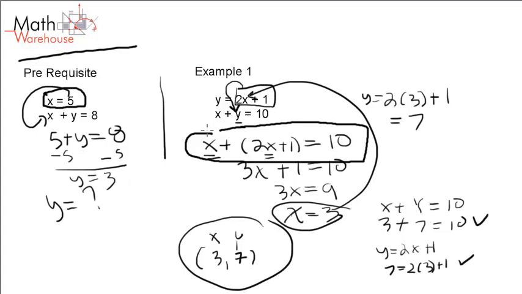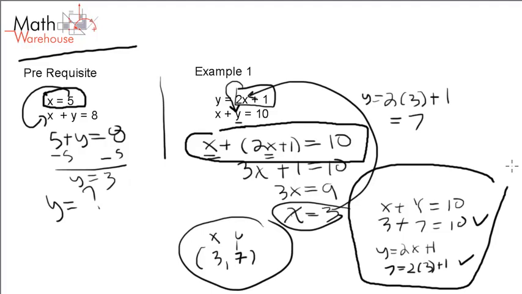This allows us to get what I boxed in here, one equation with one variable, which can be solved. We're able to solve for x equals 3. Now, our solution is an x and a y value. So to get the y value, we just take this x of 3 and punch it into either equations, solve for y, and you can always double check your work like I did here by taking your x and your y values into both equations and making sure that they both work out.